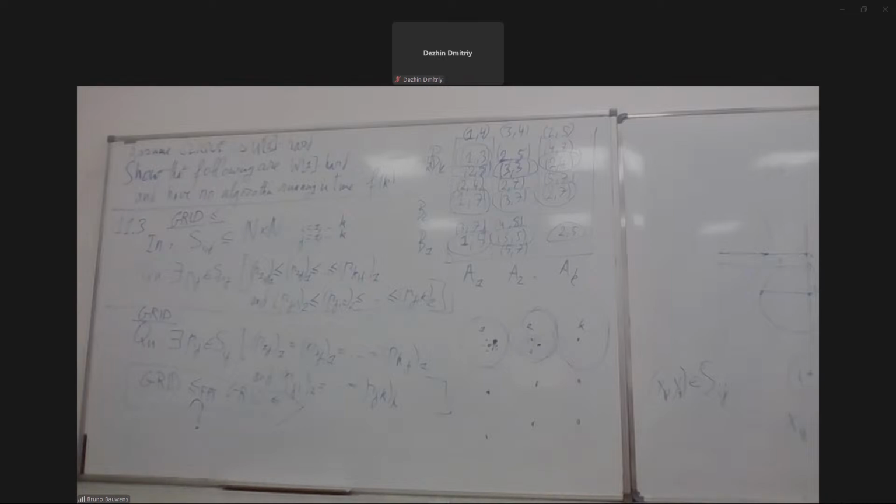But the problem is that this coordinate... so what is this distance? It's equal to, or let's say the square distance bigger than 4. And so here we have pij minus pi plus 1j squared plus qij minus qi plus 1j squared. And the problem is that this square also gives a contribution.